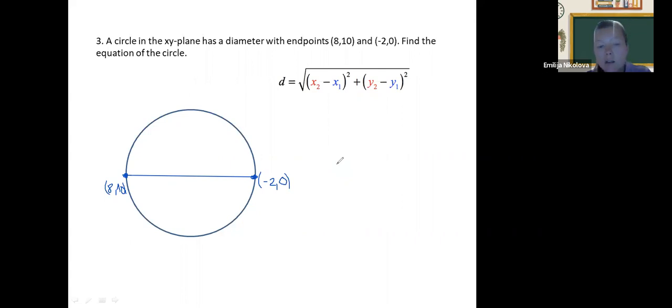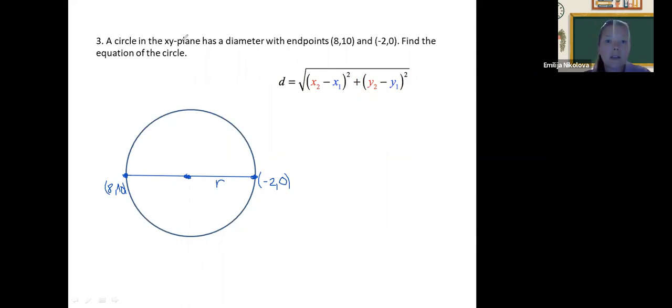So this is what we need to think about. First, we need to find the center of the circle. And what else? We need to find the radius. We know that the diameter is twice the radius, so the length of the radius will be half of the length of the diameter.